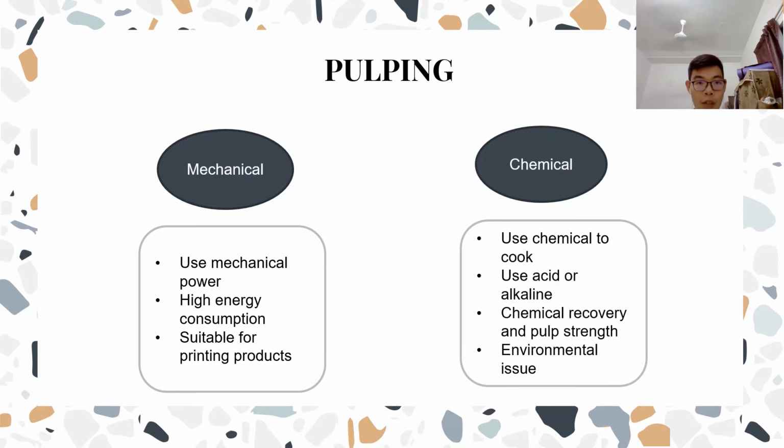While for chemical pulping, it uses chemicals to cook the wood chips to remove the lignin and to release the cellulose. It uses acid or alkaline, and it has the advantage of chemical recovery and pulp strength. However, it has an environmental issue where it will release toxic gases.